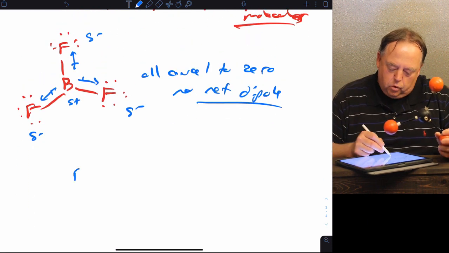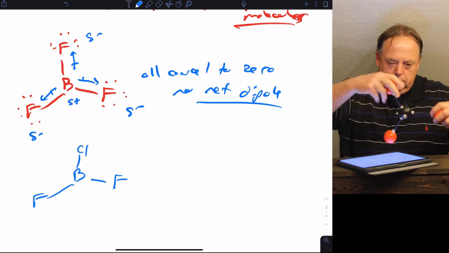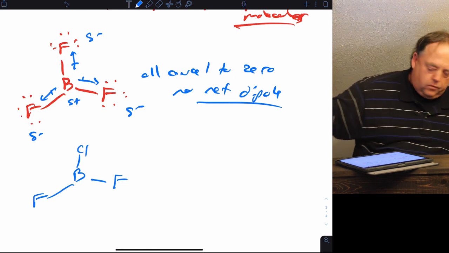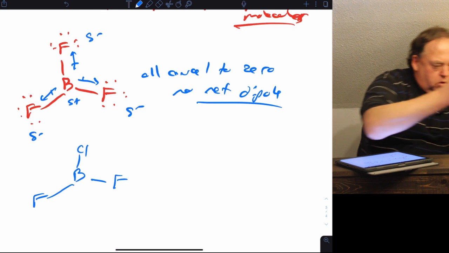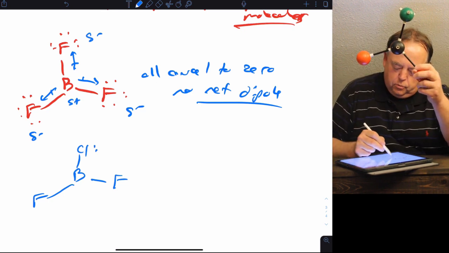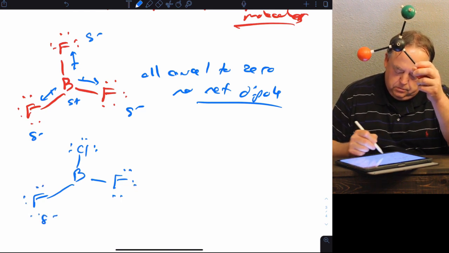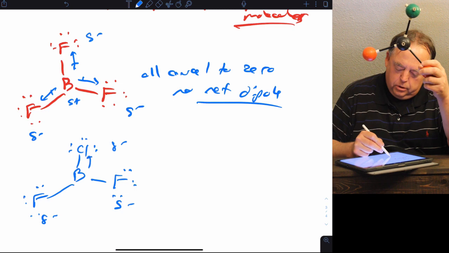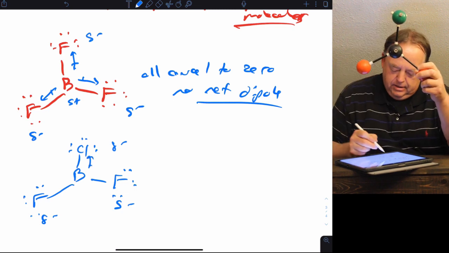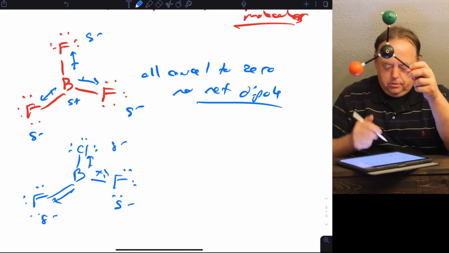If one of these was a chlorine instead of a fluorine, well, chlorine is more electronegative than boron also. So it's pulling up, and the two fluorines are pulling down.